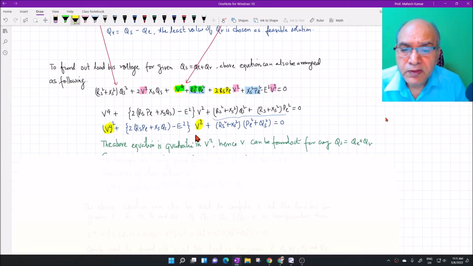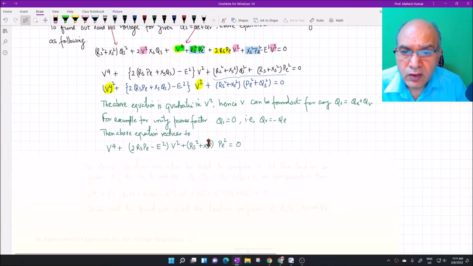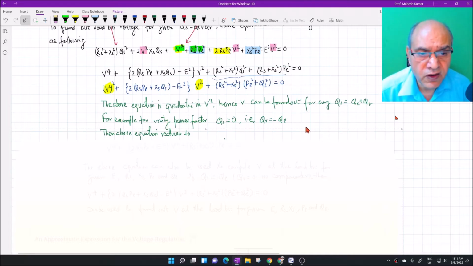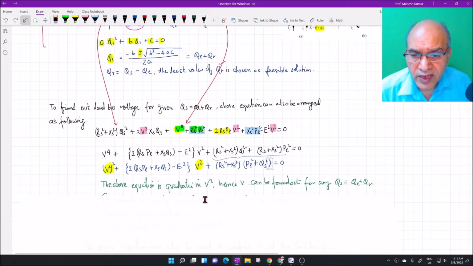For example, we can say that we want unity power factor at the load bus. If we want unity power factor at the load bus, then what we will get? We will get QS equals to 0.